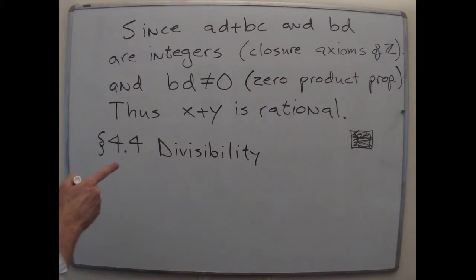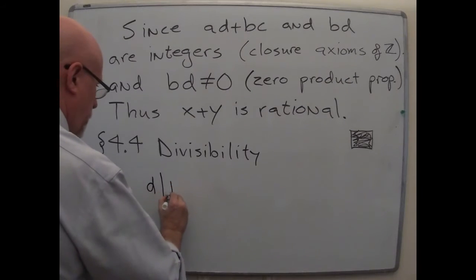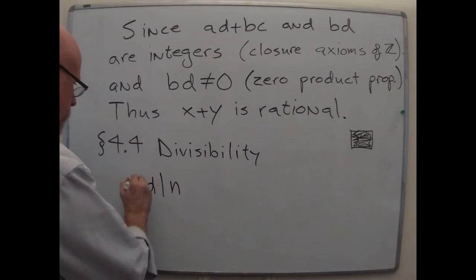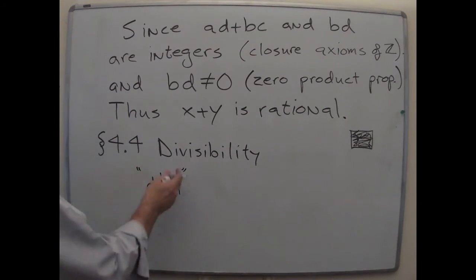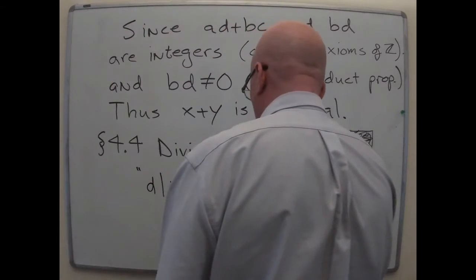There's a symbol that goes in between two numbers. It's called a relation symbol when one of them divides the other evenly. So you write D, a vertical bar, and N. I'm just putting quotes around it to say that whole little bit means that D divides N with no remainder.